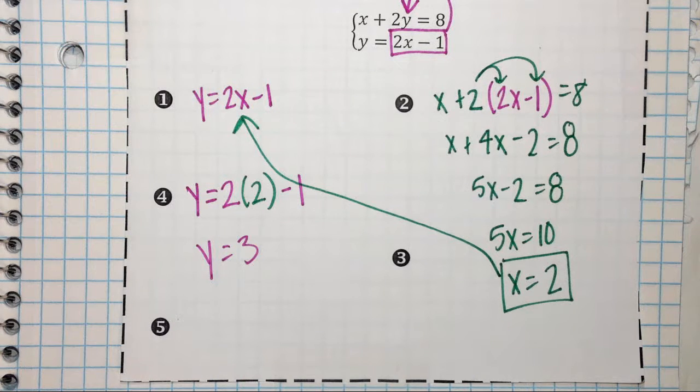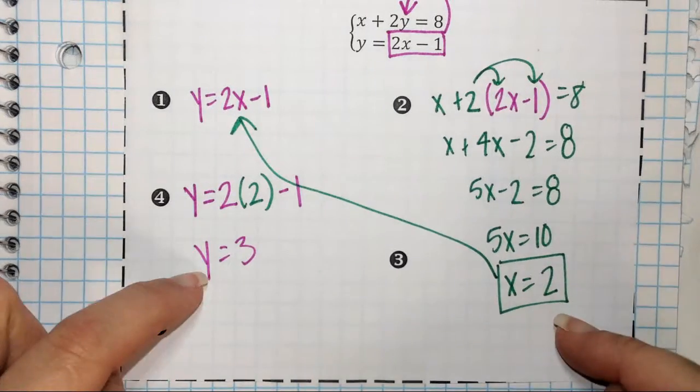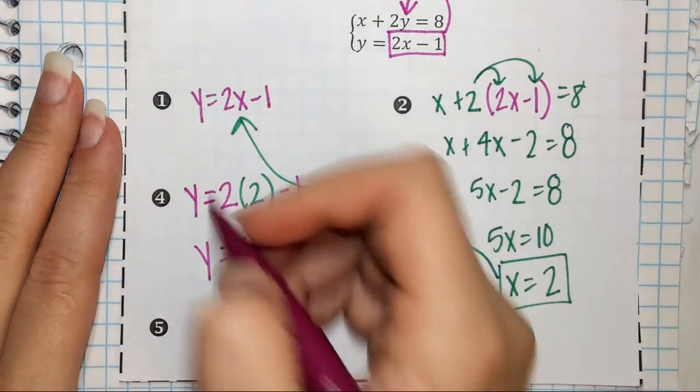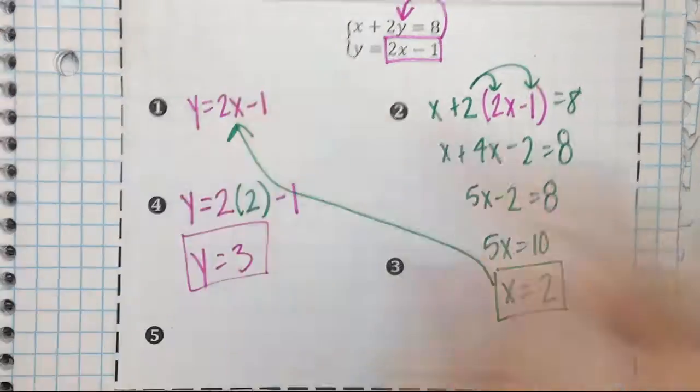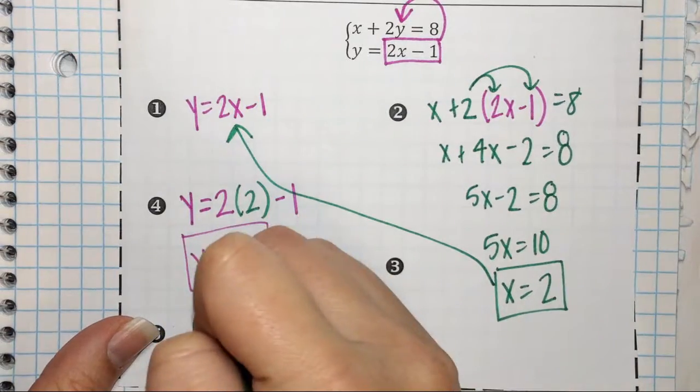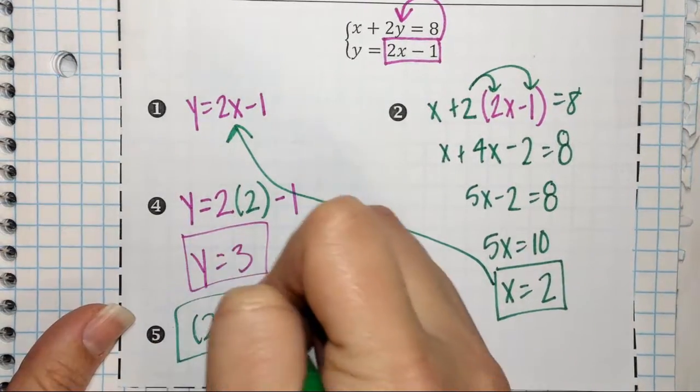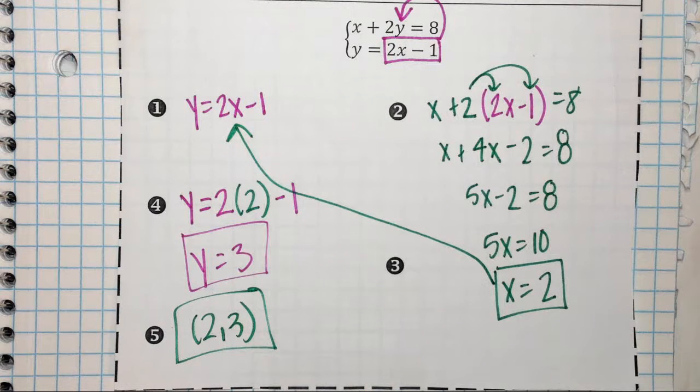What is a solution to a system of equations? And it's an ordered pair, right? It's a point. So you write it as an ordered pair because that's our solution. Our solution isn't just one of them, it's both. So you write it as 2, 3. Magic. And that's substitution.